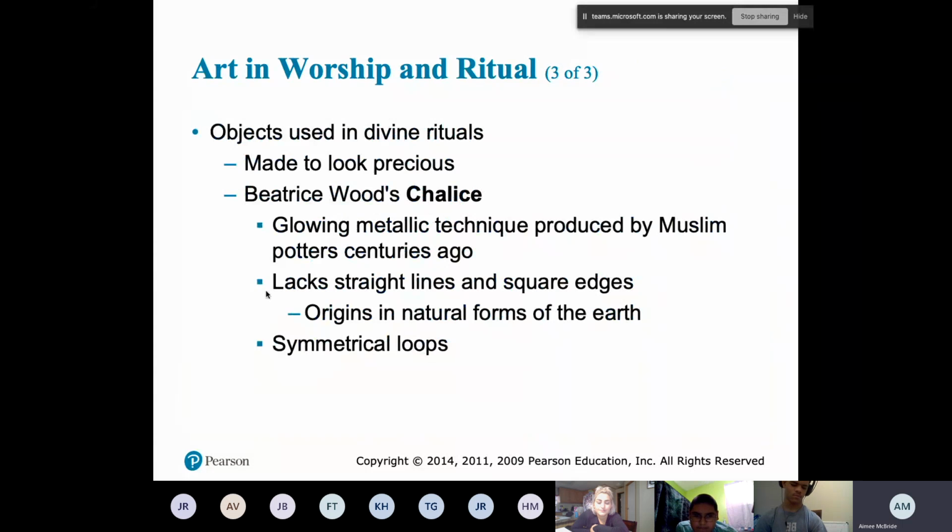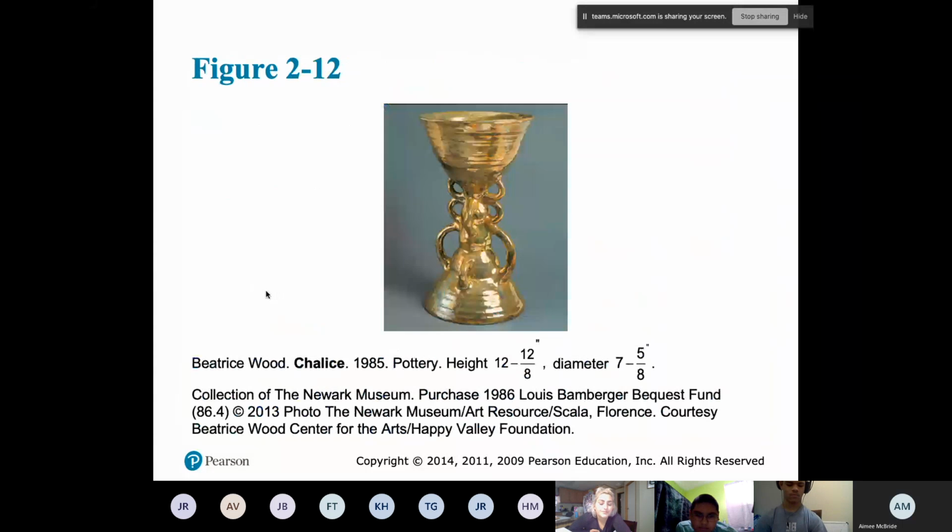Now we're going to move on to this particular chalice. This chalice is an example of Muslim artwork. In Muslim religion, it is not allowed for you to portray images of people or icons.